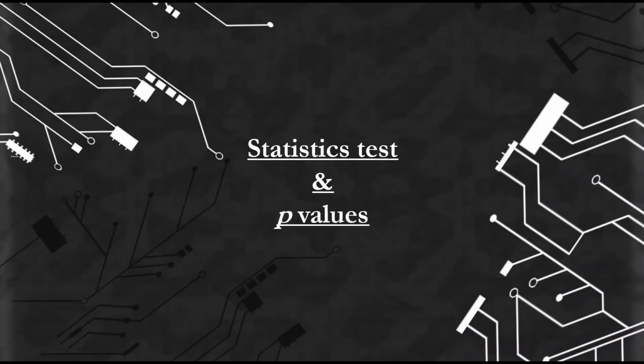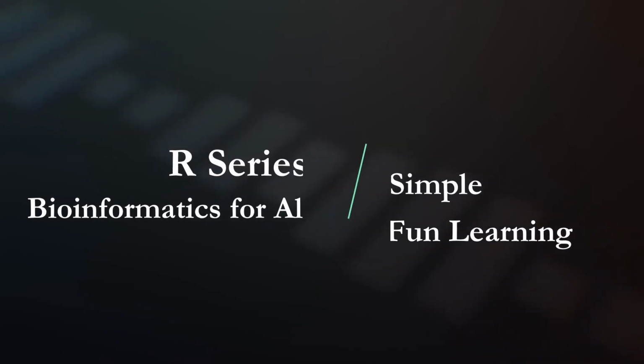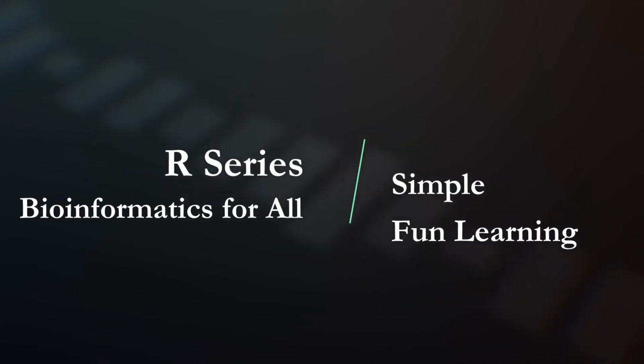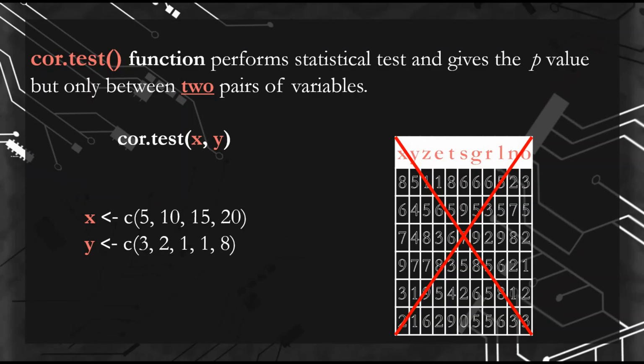So let's move to our last point in this video: how to measure correlation between two or more variables and get the p-value. The correlation test function performs a statistical test and gives you the p-value, but only between two pairs of variables.